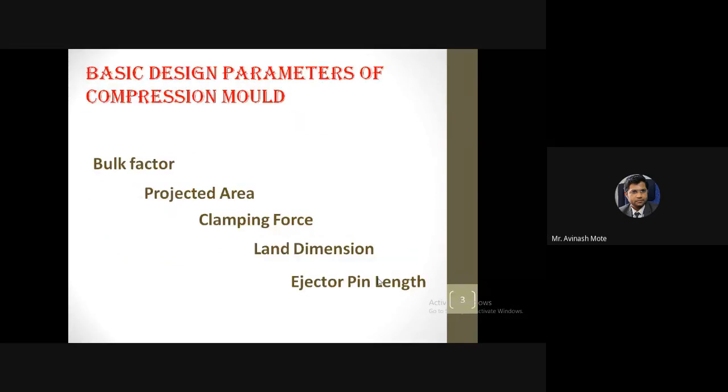Then in the basic design process, we are going to study the bulk factor, projected area, clamping force, land dimensions, and ejector pin. Ejector pin we have already seen. These are the parameters which play a crucial role while designing a compression mold or compression mold component.